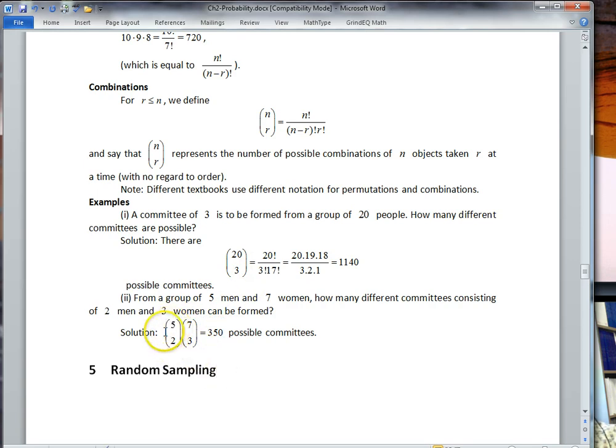I want to use my mn rule, the first one I used, because my first experiment is picking 2 out of the 5 men. My second experiment is picking 3 out of the 7 women. In total, I have to multiply them together to get 210 possible outcomes. I want you to finish these computations and make sure that you can get that answer right.